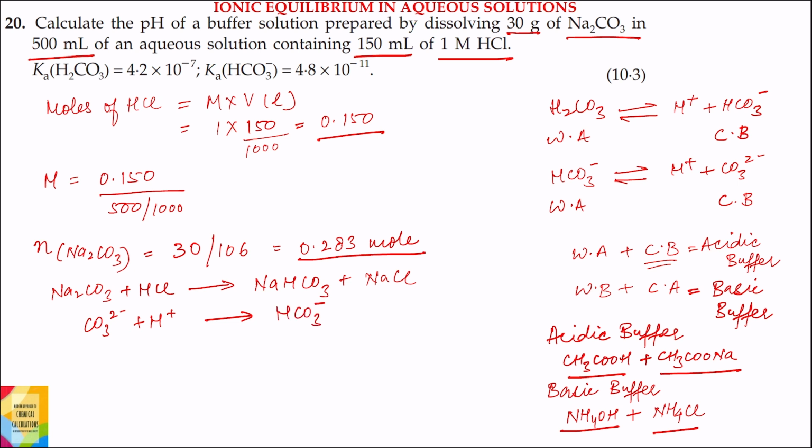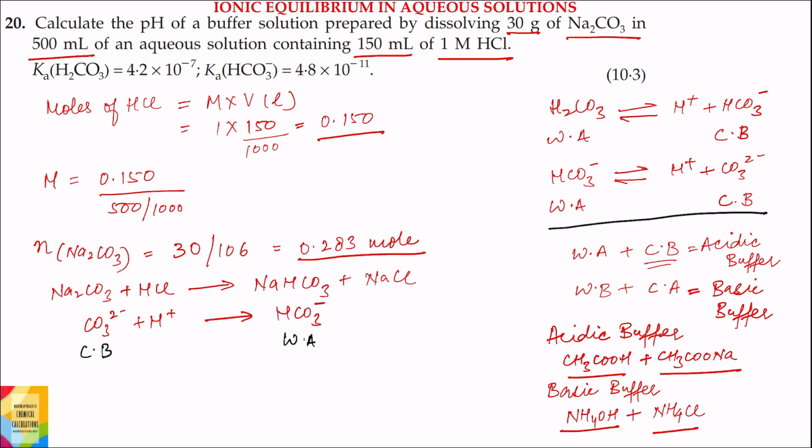So this dissociation is very much similar to the reaction shown here. So HCO3 minus here acts as a weak acid and CO3 2 minus will act as the conjugate base. So this is the buffer solution, and now the concentration of CO3 2 minus ions and HCO3 minus ions.